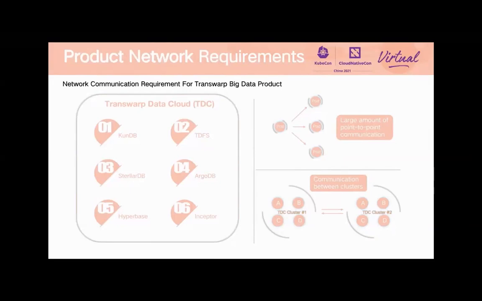First of all, most of them are stateful applications, and there is a large amount of point-to-point communication. For example, in the initialization process of a cluster, there are negotiations between several pods of the application. This negotiation depends on the direct communication between pods.